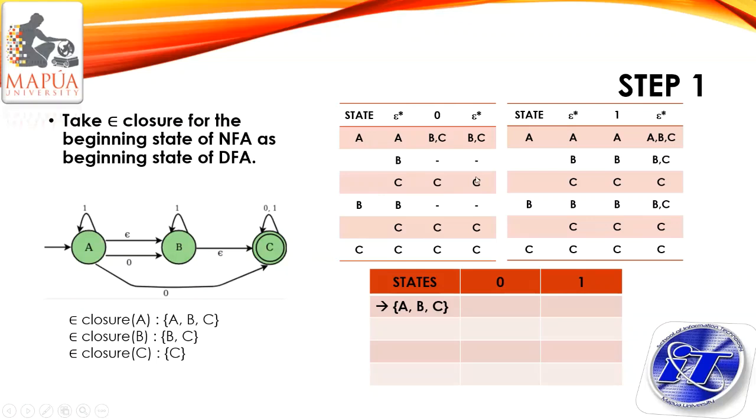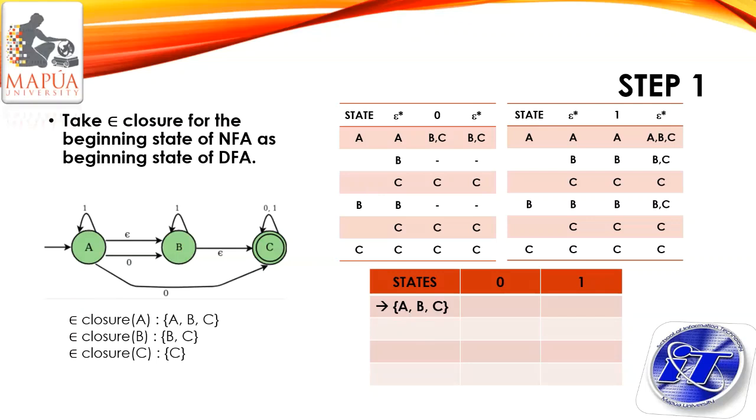So this is the final transition considering the epsilon. Let's start with A. Since A is equivalent to ABC, ABC will be our initial state.